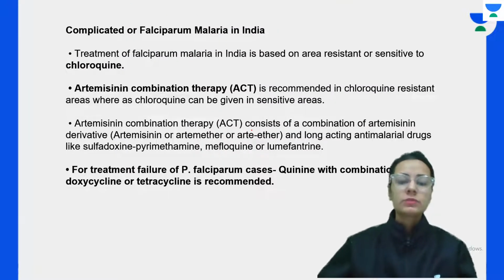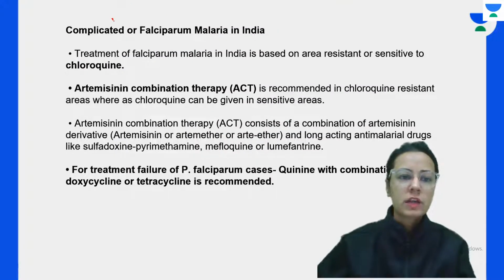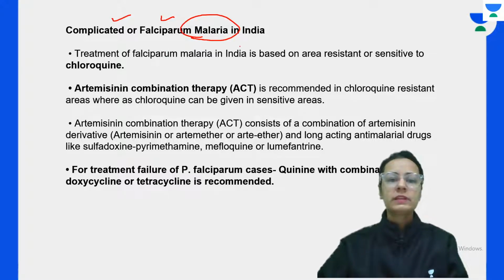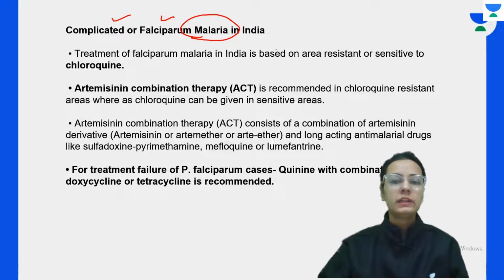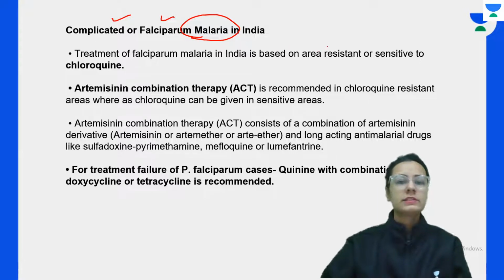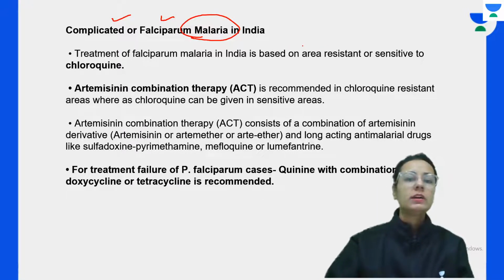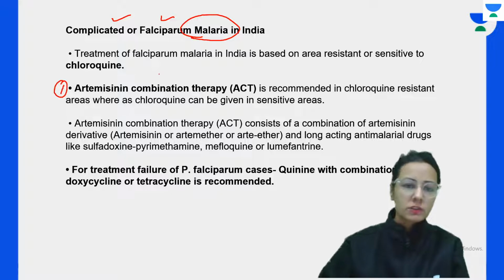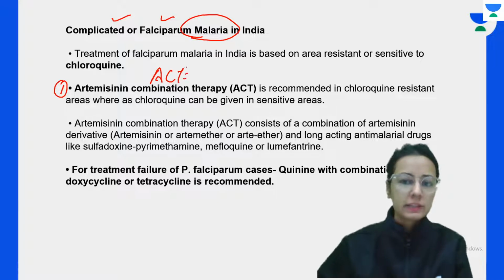Now, into the complicated cases or the falciparum malaria in India, treatment of the falciparum malaria in India is based on the area, because certain areas are resistant and certain areas are still sensitive to the chloroquine. So first, artemisinin combination therapy is recommended where we cannot give the chloroquine.